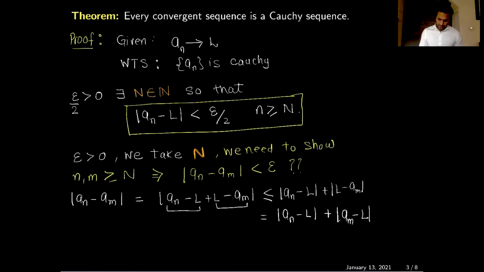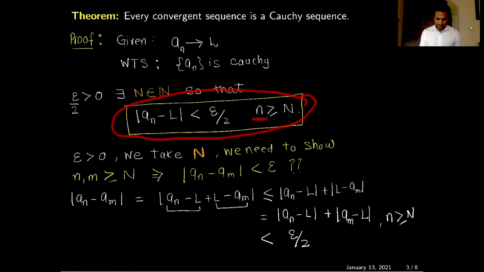So now if I choose n bigger than or equal to capital N, then this inequality will hold. So an minus L will be less than epsilon half, which comes from this inequality.